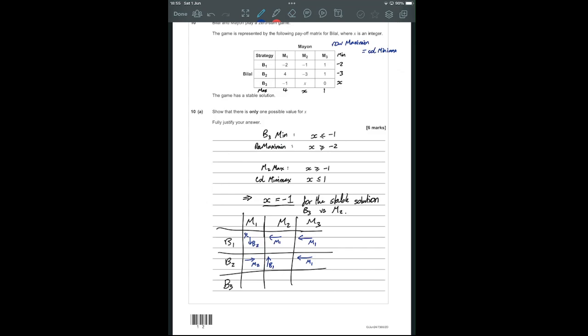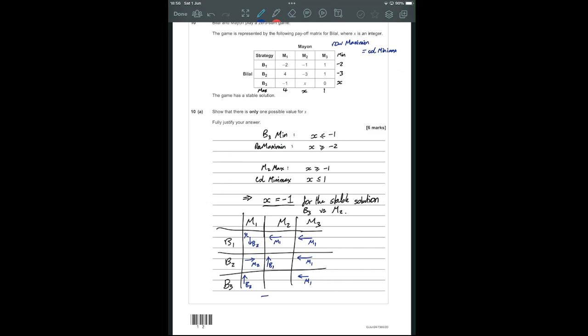If that's not stable, because Mayon will prefer to play M1, and then B3, M1. If that was stable, Bilal will prefer to move to B2. B2 is better. And then we'll skip the one with the X in B3, M3. We'll prefer to go to M1 again. -1 is better for Mayon than that.